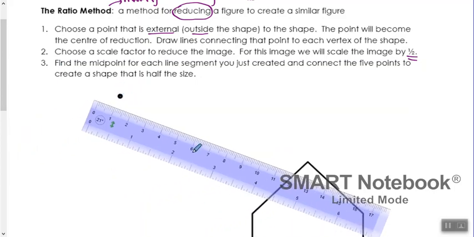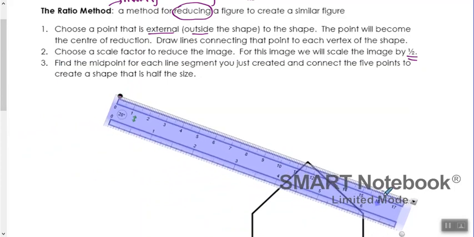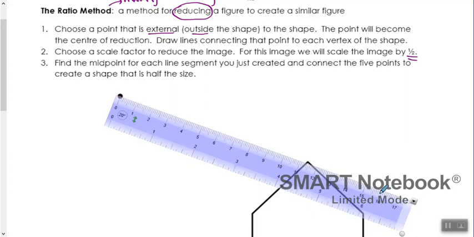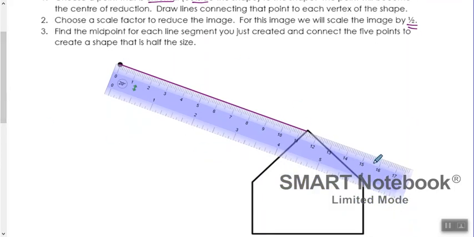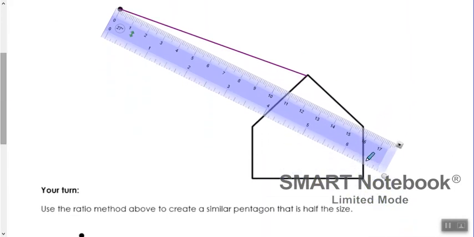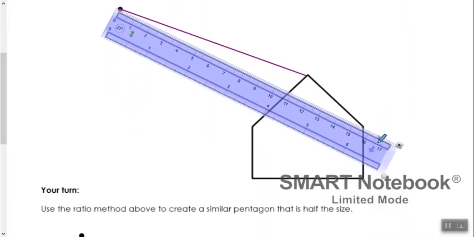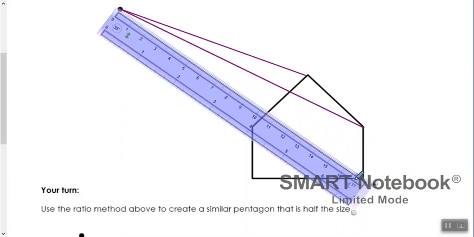But we are going to draw straight lines from each vertex of our shape to that dot. So there's our first line, and then the vertices over here. Okay, so here's our second vertex. There. Third vertex.